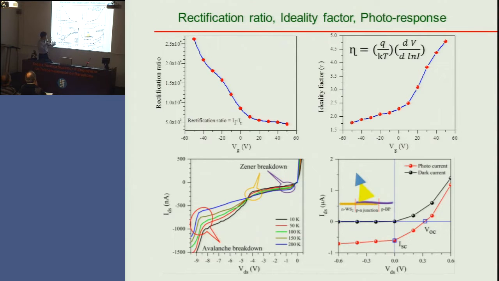And probably people know Zener diode breakdown originates from the high electric field in the depletion layers. And this avalanche breakdown comes from scattering of the electrons. They knock out the valence electrons, and then they make an avalanche of currents, which is called avalanche breakdown.